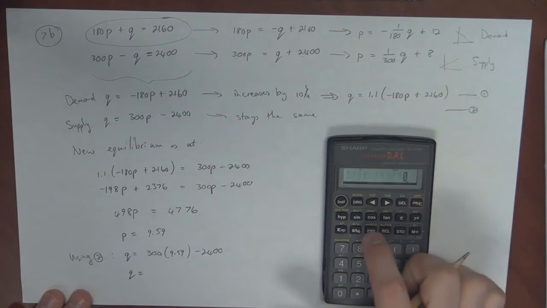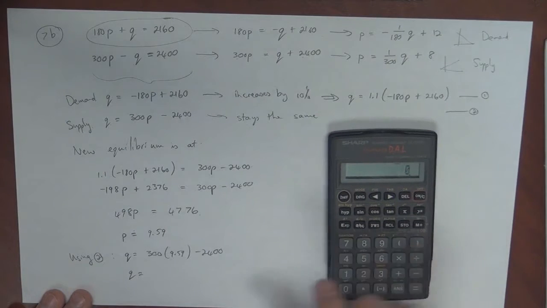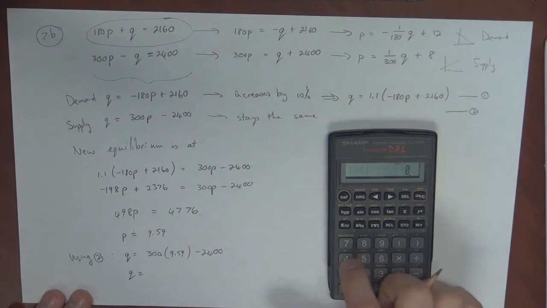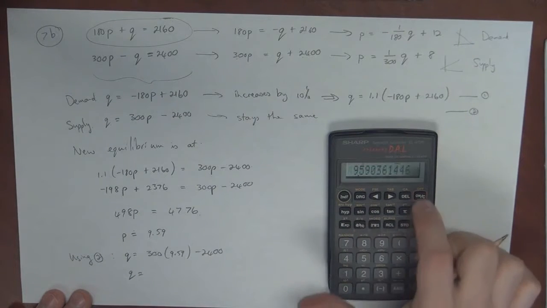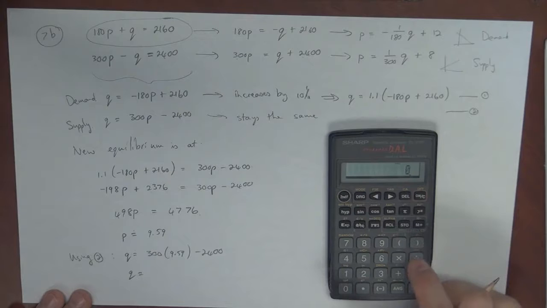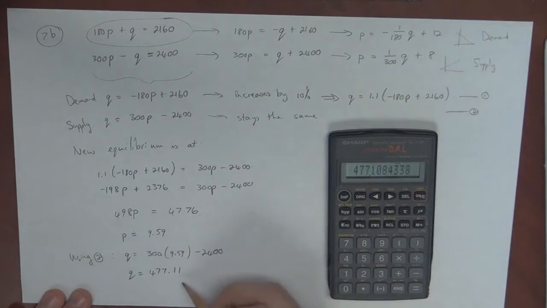Whoops, where did I store that? I guess we have to calculate the previous one again. 4776 divided by 498. I just want to store that to use the precise value. So now I can use 300 times that exact answer minus 2400, and I'll get 477.108. It's close enough.